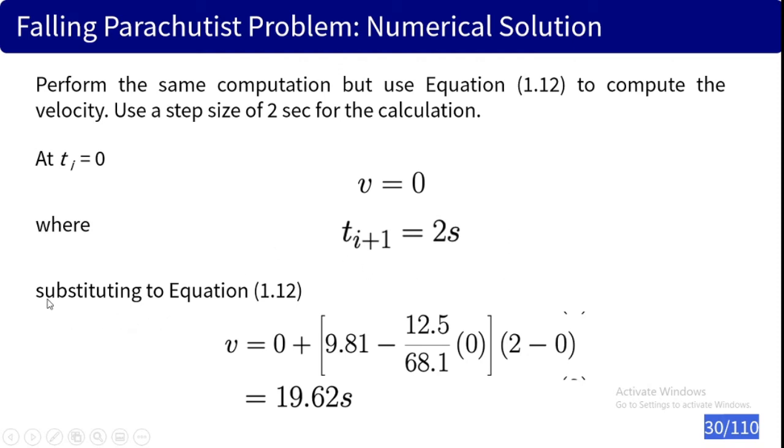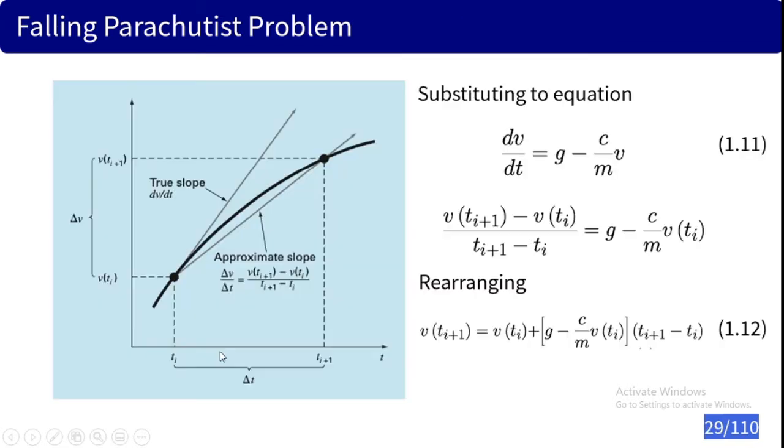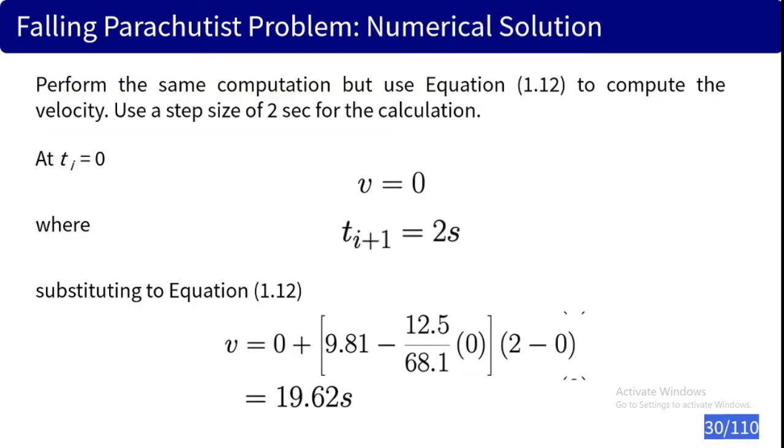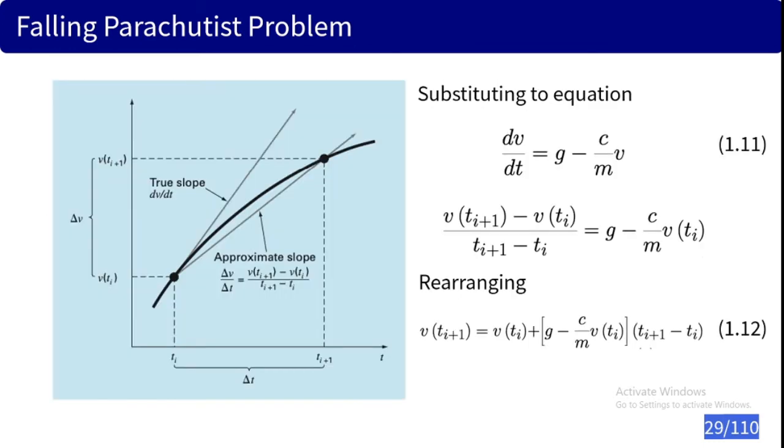So we substitute the values into equation 1.12: 0 plus 9.81 minus the drag coefficient of 12.5 over the mass of the parachutist of 68.1, multiplied by 0, the initial velocity.